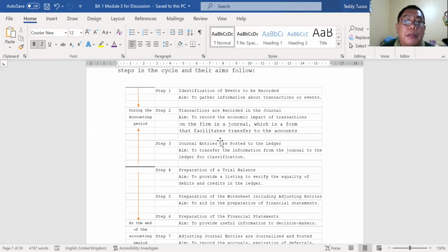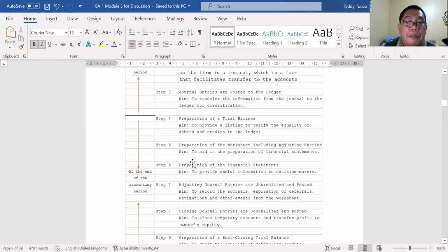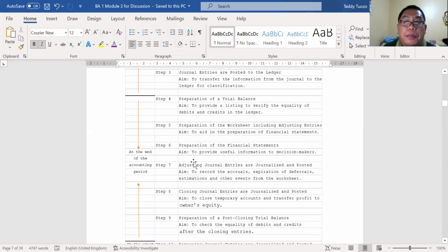So during the accounting period, from January to December, you perform step 1, 2, and 3. And the preparation, or step number 4 up to step number 9, is performed at the end of the accounting period. Meaning to say, if it is a calendar year, step 4 to step 9 are performed on December 31, on any year.